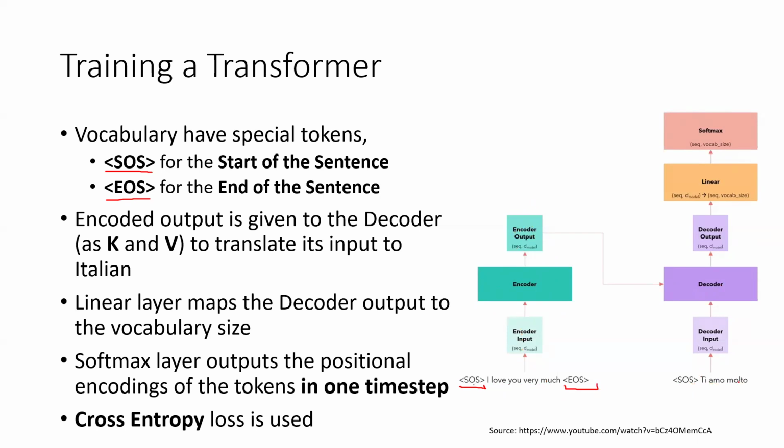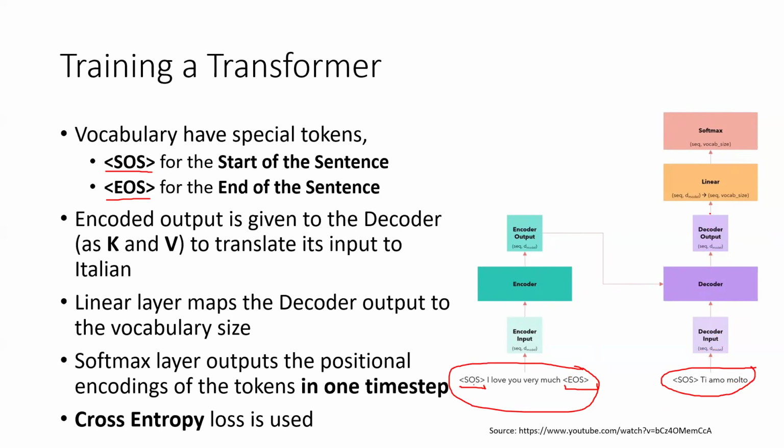Ti amo molto. These are the words that are already generated, and the next word will be generated based on the meaning given in this sentence in English, and depending on the words already generated from the decoder itself, right?